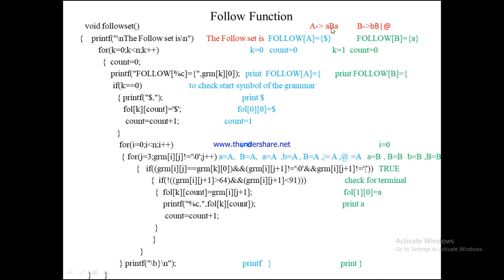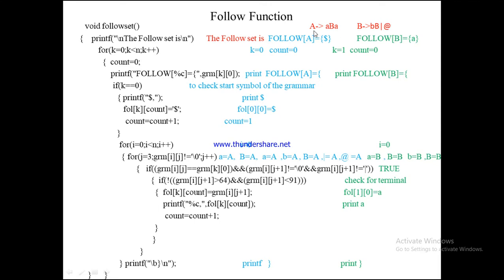I need to check in the body of the production whether anywhere I am finding the capital A. For that purpose, first I will compare this a with the capital A, whether it is equal or not. Then I will compare b with the capital A, no, not equal.